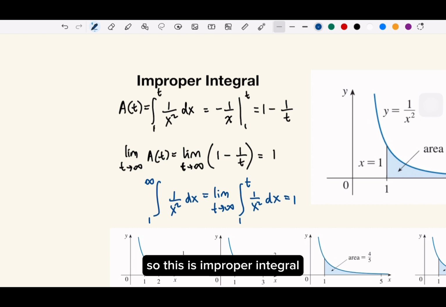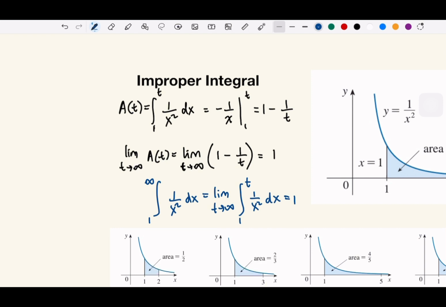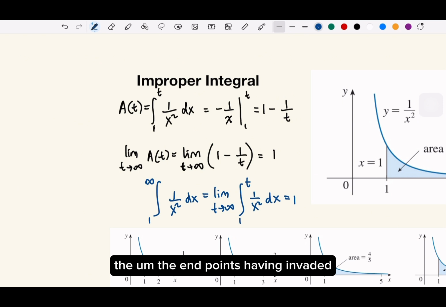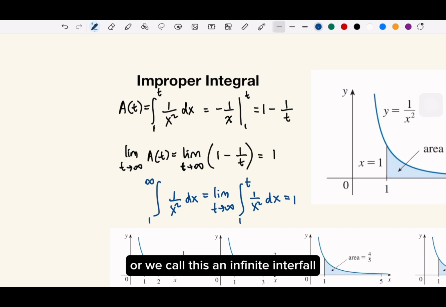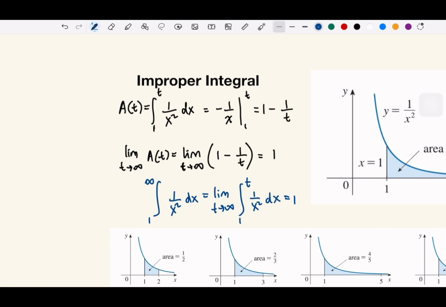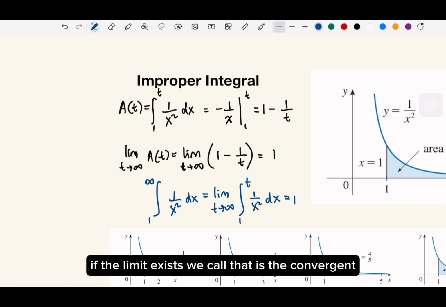So this is the improper integral of the first type, where we have the endpoint at infinity, or we call this an infinite interval. If the limit exists, we call that convergent. If the limit doesn't exist, we call it divergent.